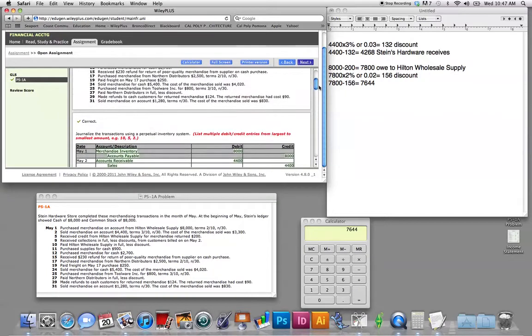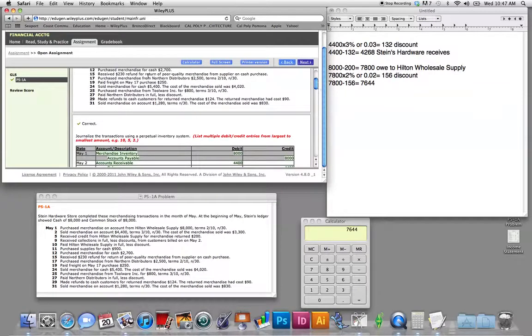Our next transaction is on May 19th, and we paid freight on May 17th for our purchase of $250. So the freight cost $250 on our May 17th purchase.